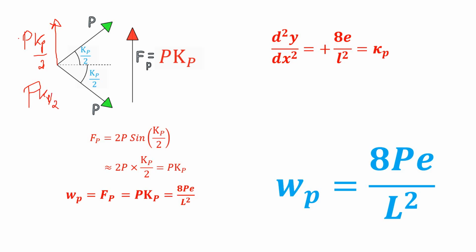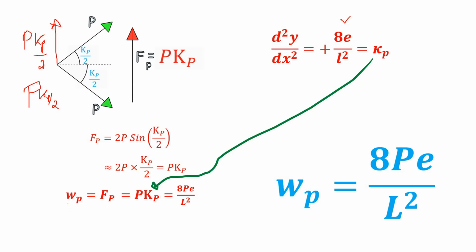So adding this you will get 2P into kappa p by 2, so that is equal to P kappa p. So here it is represented Fp equals P kappa p, but already we know that this kappa p is 8e by L square. So on substitution of this kappa p, we get P multiplied by kappa p is equal to 8 times Pe by L square. So this is the force exerted by the cable on the beam.